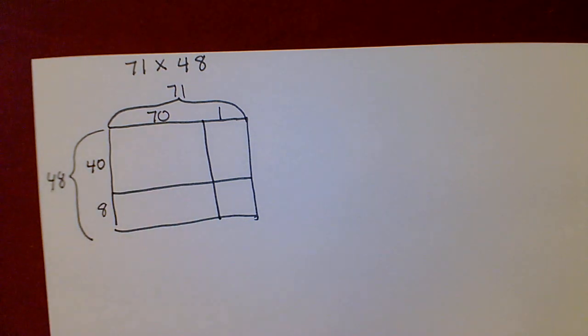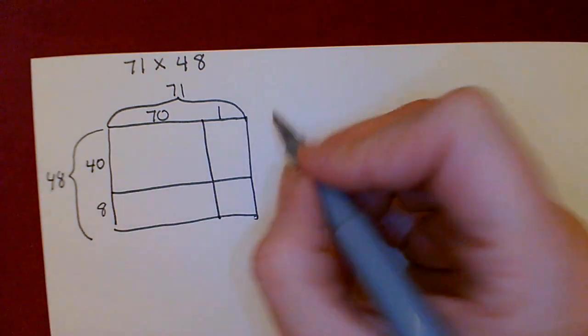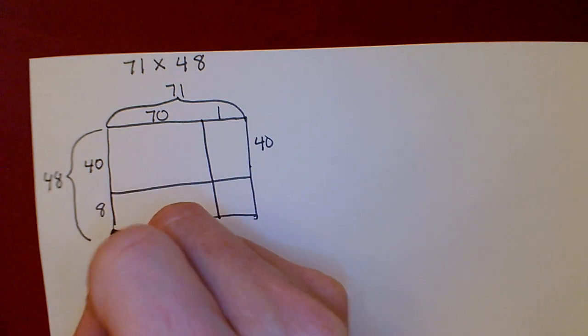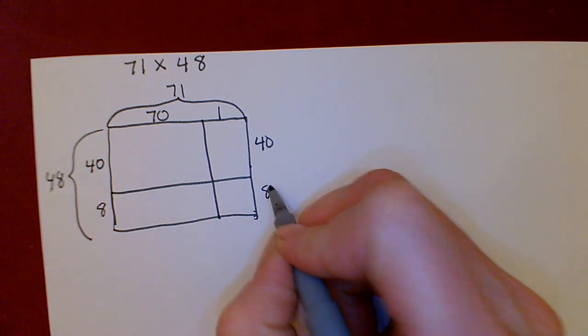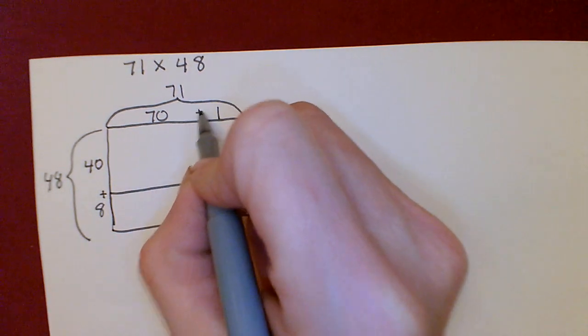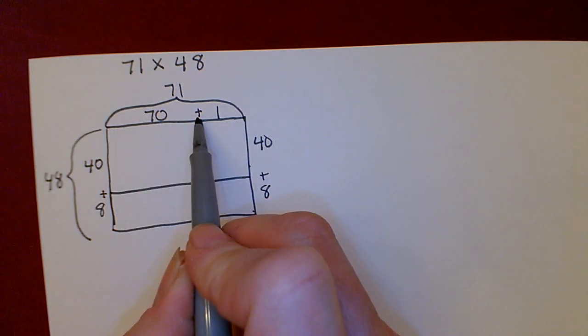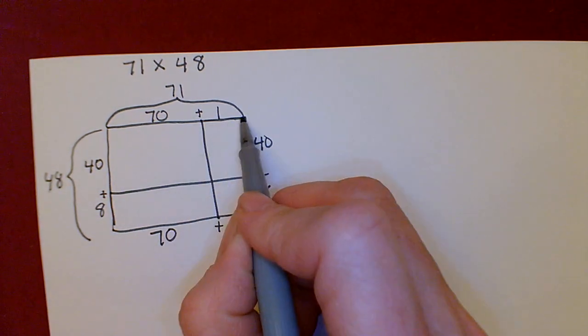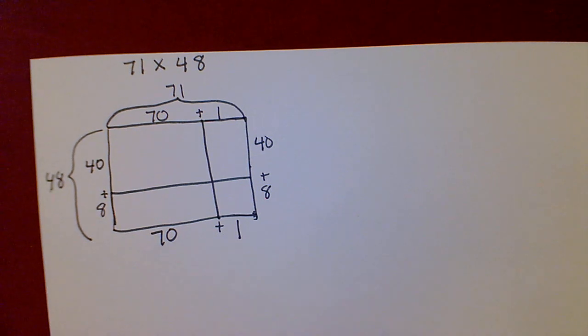And then remember that super cool thing that I have you do, which is that we fill out the other two sides to help us out. So if I have 40 here, that means that this is also 40. And if I have 8 here, this is also 8. Remember, we can put the little plus to show that it's 40 and 8, or 70 and 1. If this is 70, then this is 70. And if this is 1, then this is 1.